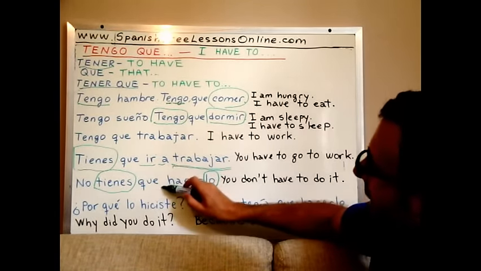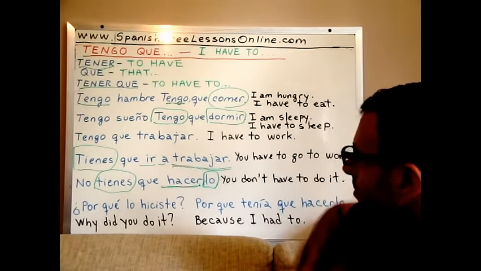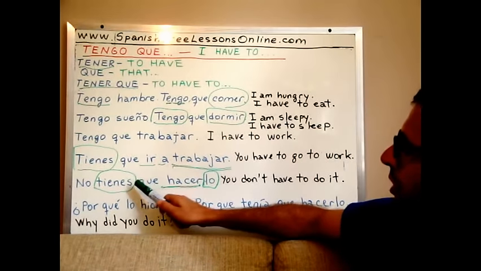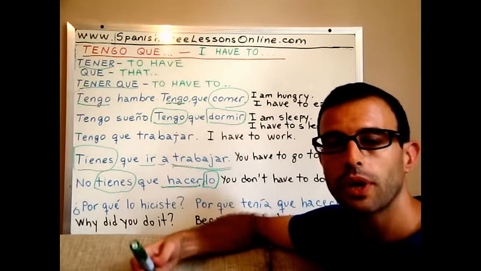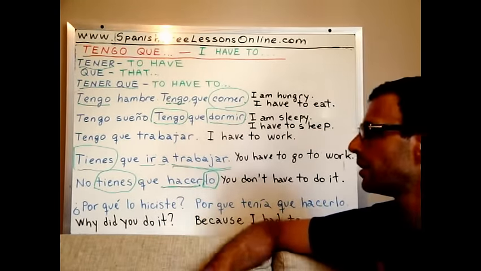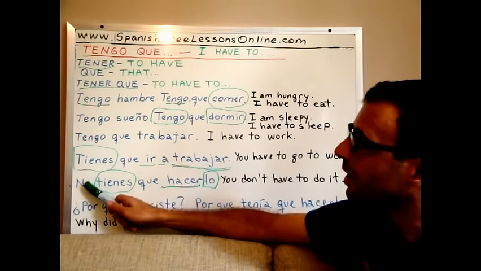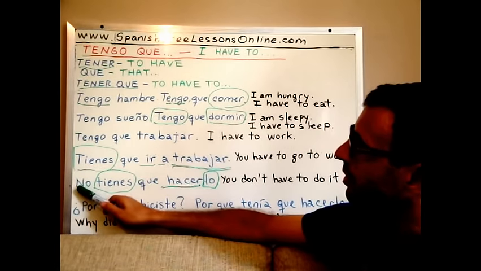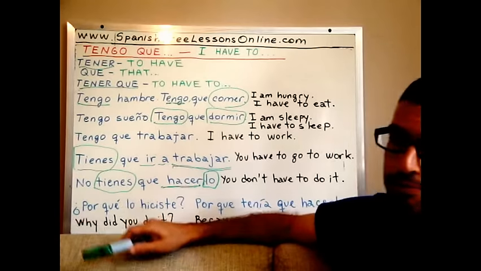So the verb hacer, to do, is in infinitive, right? So not have to do it, okay? Or you don't have to do it, right? Remember that when we are using tener que, and if we want to negate, we put the negating word, the no, before, right?